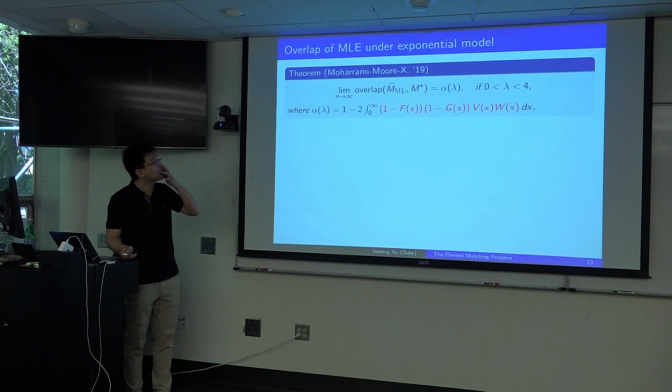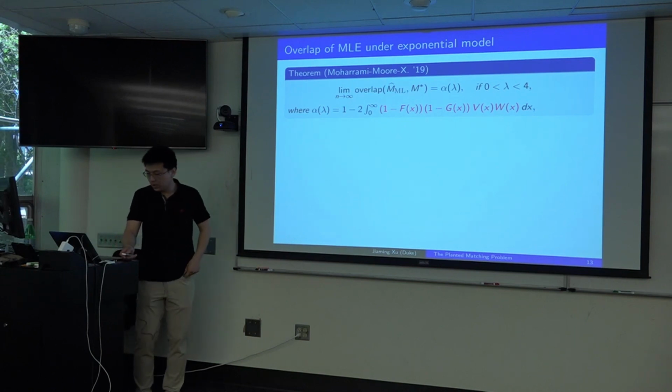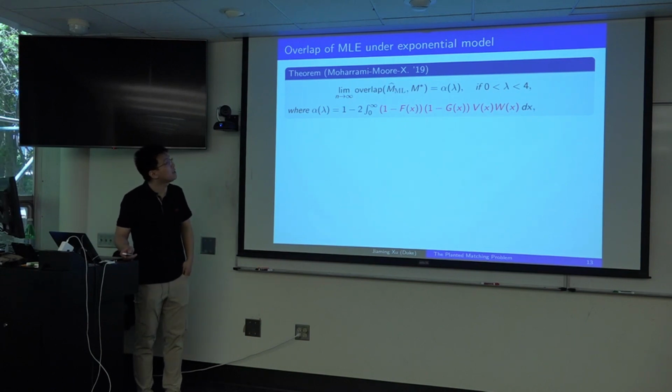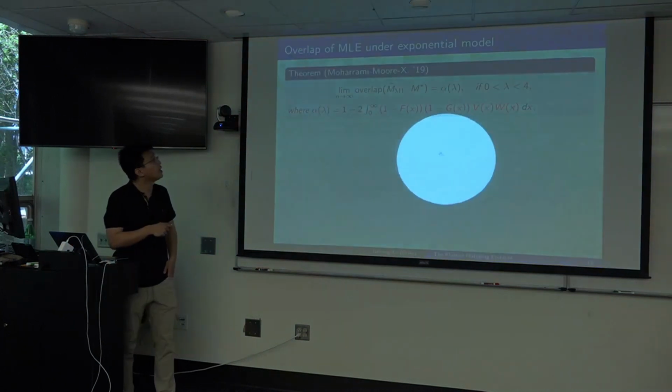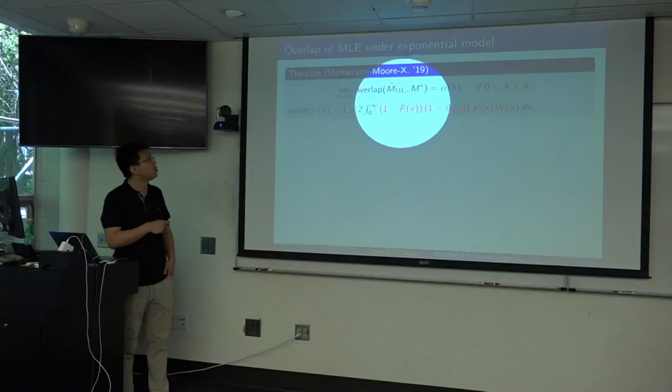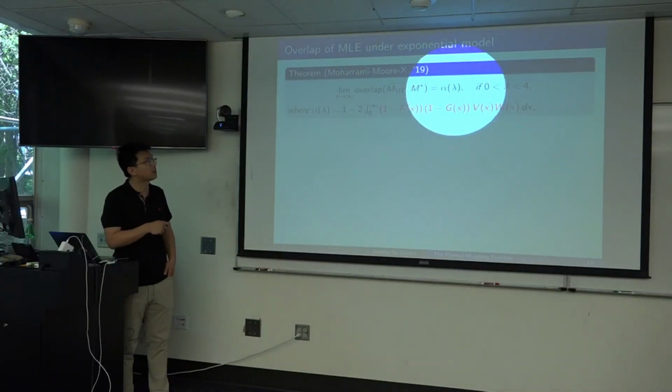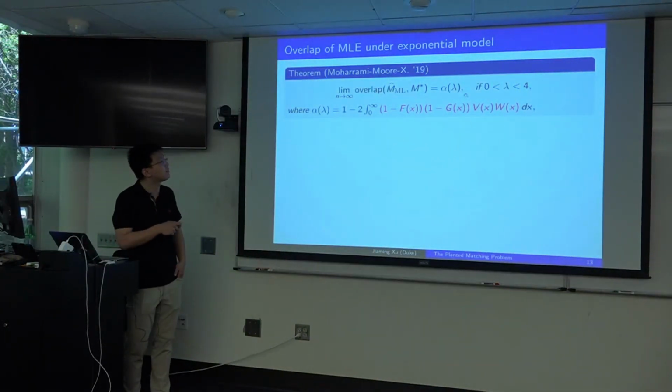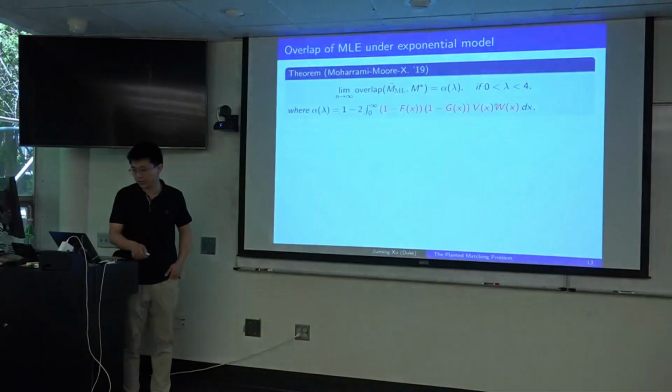But before that, I also want to mention that we can even characterize the overlap when lambda is any constant between 0 and 4. In particular, we're able to show that for the maximum likelihood estimator, as n goes to infinity, the overlap will converge to a function of lambda, when lambda is between 0 and 4.